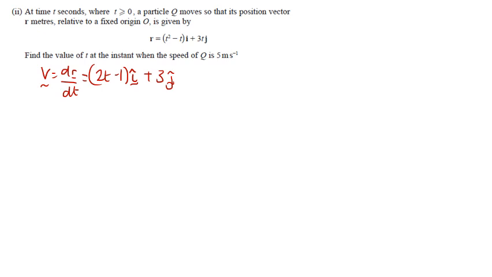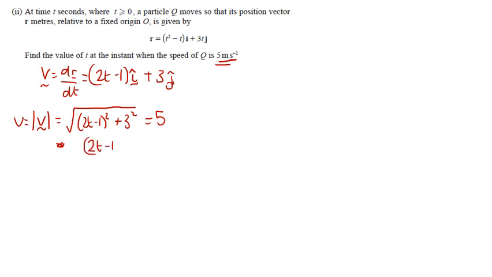Okay, that's the velocity, but we want the speed, so I'm going to take the magnitude of that vector, and this is just a bit of Pythagoras. So I've got the square root of 2t minus 1 squared plus 3 squared, and that's equal to 5 meters per second. So if I square both sides, I'm going to get 2t minus 1 squared plus 9 equals 25. So 2t minus 1 squared equals 16. 2t minus 1 equals plus or minus 4.